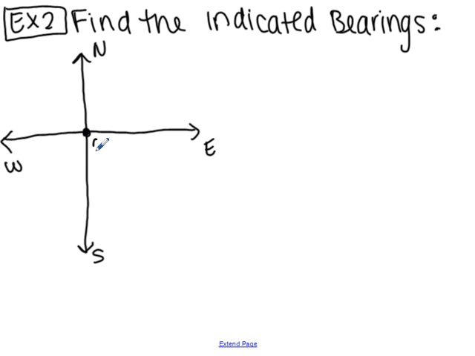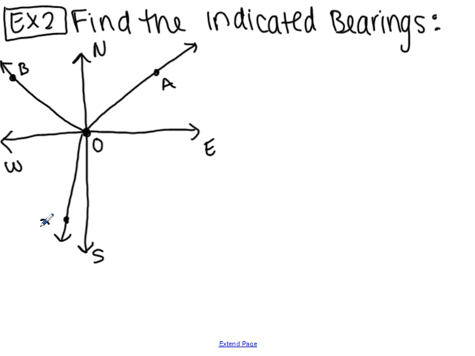Here's the origin O. This is A. This is B. This is C. And here we have D. This angle is 20 degrees.